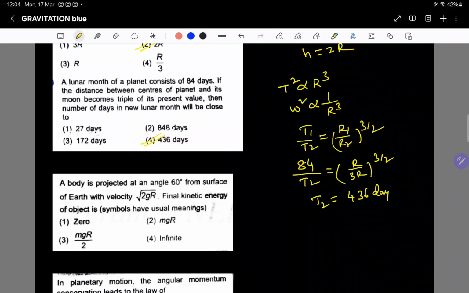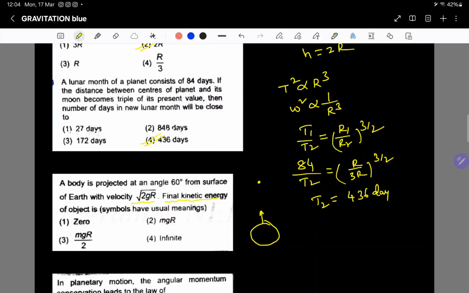Next, a body is projected at an angle of 60 degrees from the surface of the earth with velocity root of 2gR. That means what velocity is it? Escape velocity only, the minimum escape velocity. So it escapes from the earth's gravitational influence. What is the kinetic energy of the object? At this point the potential energy and kinetic energy are zero only.